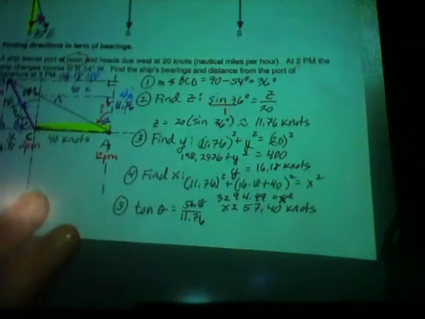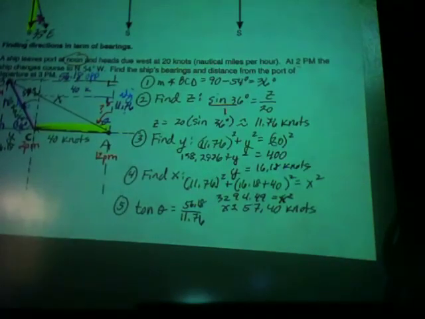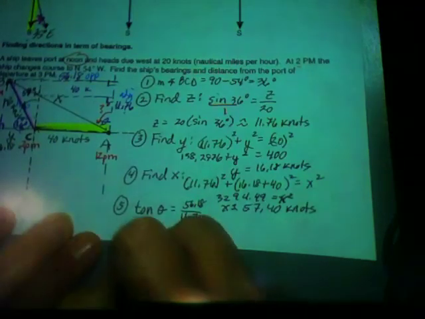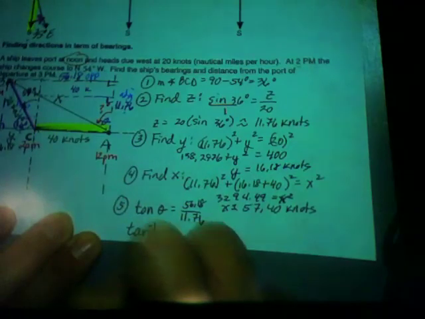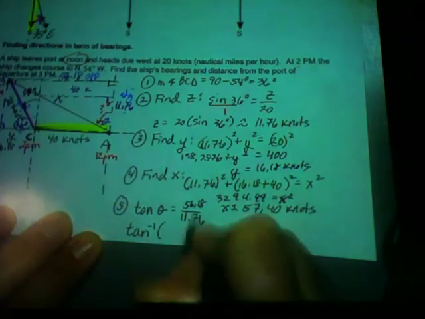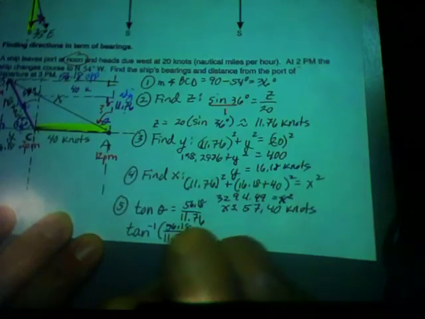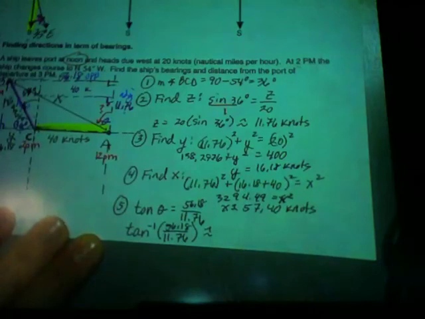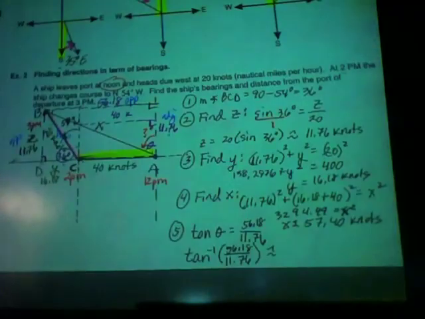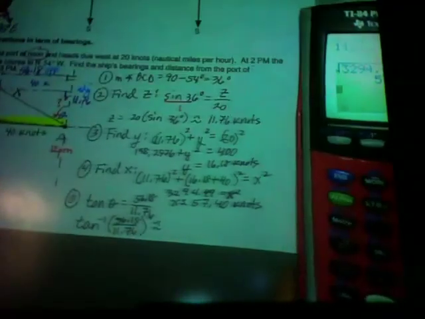If I don't know theta, what have we learned to do? Inverse, right? So you're going to find the inverse on your calculator. You're going to do the inverse tangent of 56.18 over 11.76. Because I want degrees, your calculator had better be in degrees.